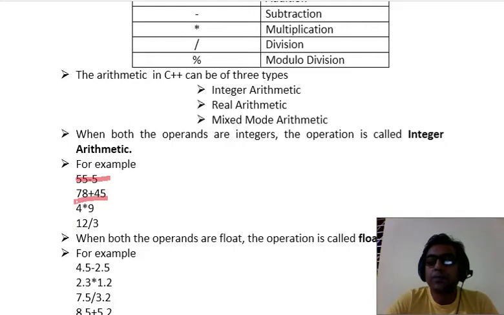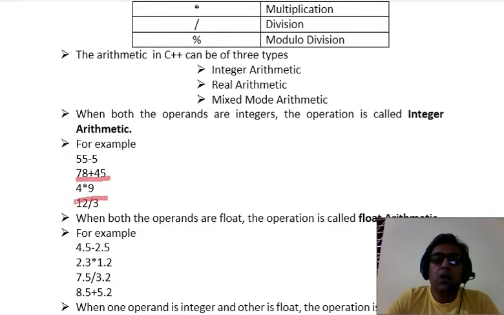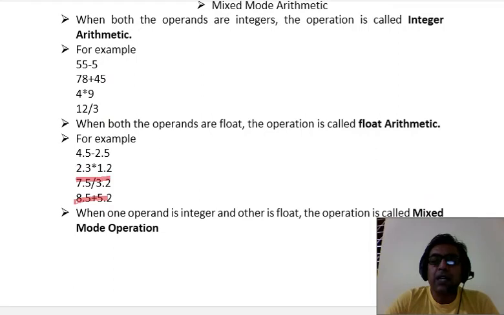Now second is a float arithmetic operation. Float operation is also called as real arithmetic operation. In float arithmetic operation, if whatever numbers that we are using for the calculation are float numbers or real numbers, then that operation is called as float arithmetic operation.